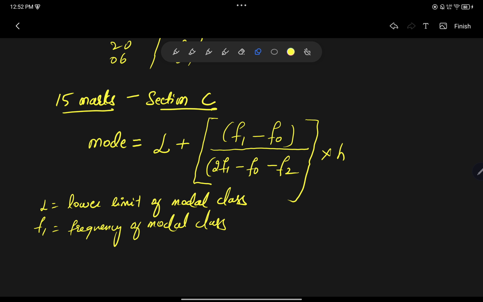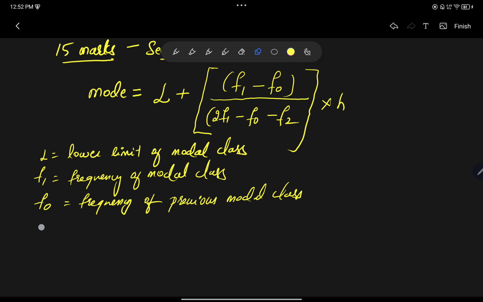Next, F0 is equal to the frequency of the previous modal class. F2 is equal to the frequency of the next modal class.